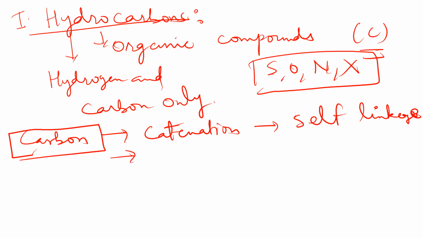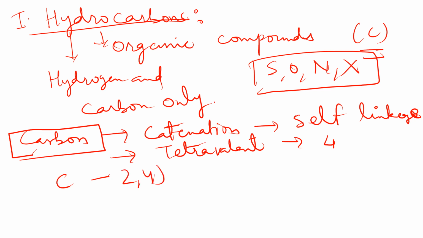Then, carbon is tetravalent, meaning its valency is 4. The atomic number of carbon is 6, so its electronic configuration is 2, 4. Carbon needs 4 electrons to attain the nearest stable gas configuration of neon.